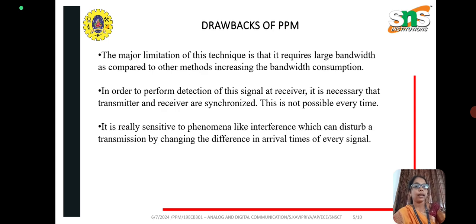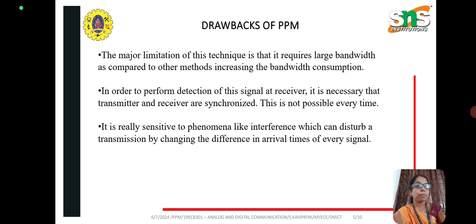And next are the drawbacks of pulse position modulation. The major limitation of this technique is that it requires larger bandwidth as compared to other methods, increasing the bandwidth consumption. And in order to perform detection of the signal at the receiver, the transmitter and the receiver have to be synchronized. This is not possible every time.